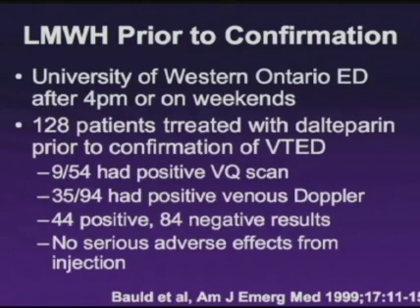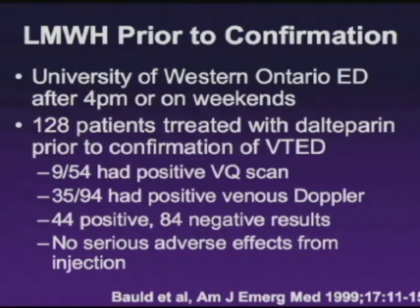Now, is this a safe procedure, to give low molecular weight heparin and wait for confirmation? Well, this is from the emergency medicine literature, and these were patients who did not have imaging after 4 p.m. or on weekends. They studied 128 patients, of which 44 had pulmonary embolism or acute venous thrombosis.